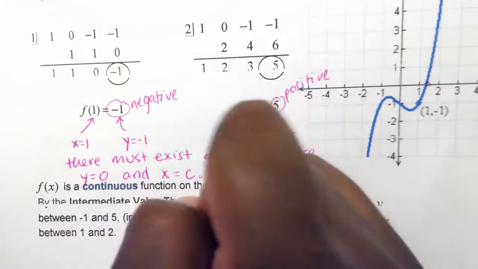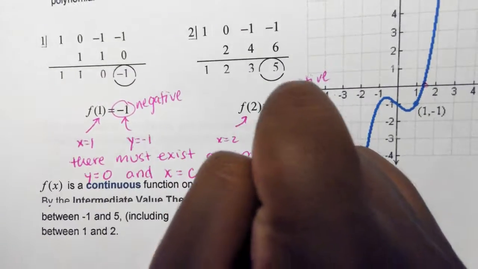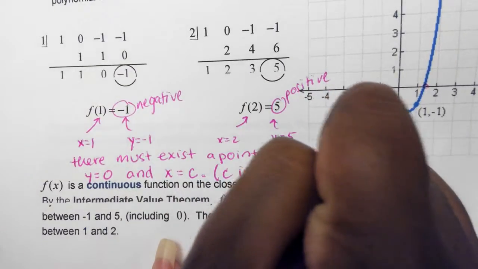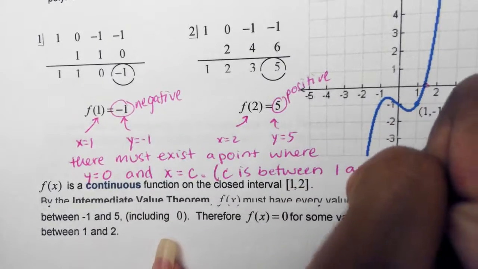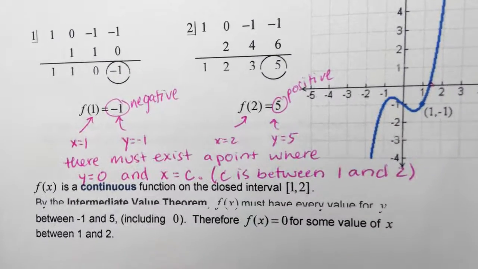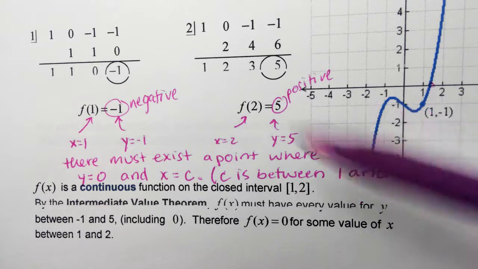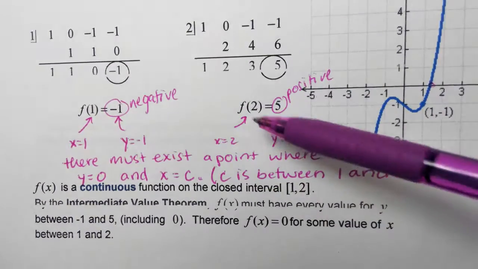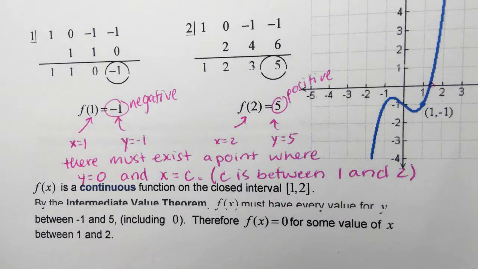And based on the intermediate value theorem, we can say that c is between 1 and 2, because we used the values of x equaling 1 and x equaling 2 to see the change in signs for y.